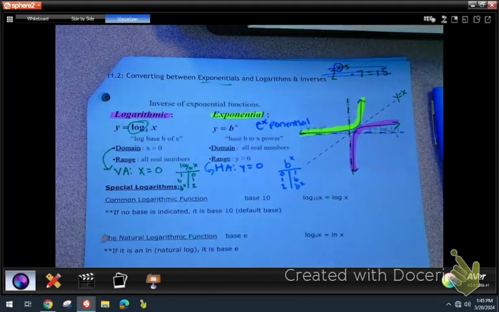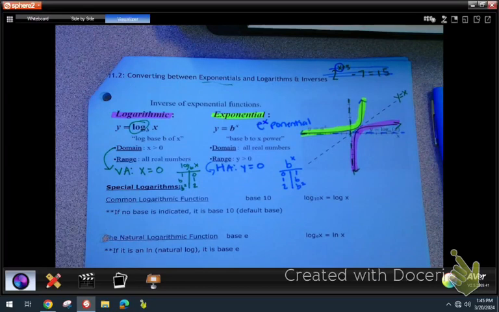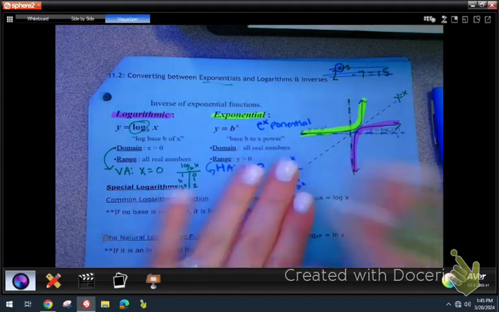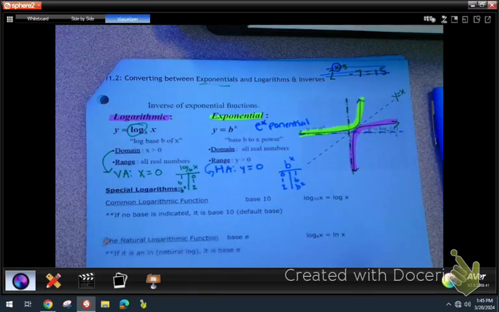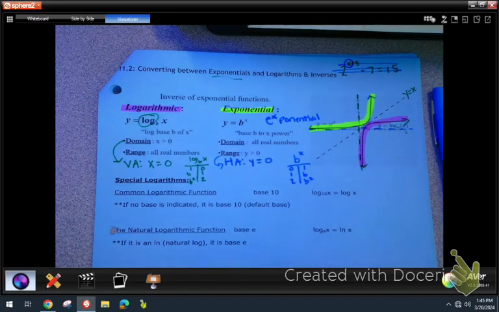So it's just the opposite, okay? So don't think of it as you have to memorize two separate things. Know the exponential, know log is going to flip. So that's kind of a review from last class. And then again, know what all your a, b, c, and d does, all that transformation stuff there. But what we're going to focus on today is converting between the two forms.